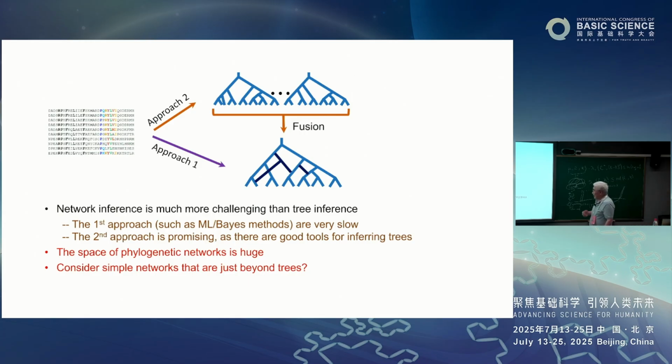So there are two approaches to infer these phylogenetic network models. The first approach is to infer the network model directly from the sequence similarity, typically using a stochastic model of evolution, such as maximum likelihood methods and Bayesian methods.